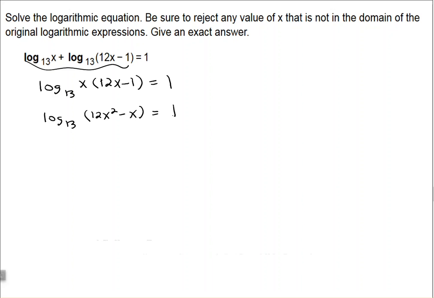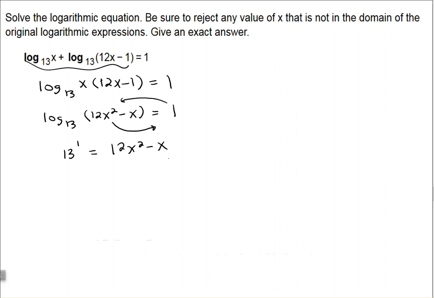Keep the base of 13 as the base, and 1 will become the exponent. 12x squared minus x will go to the right. So now I have 13 to the first power equals 12x squared minus x.